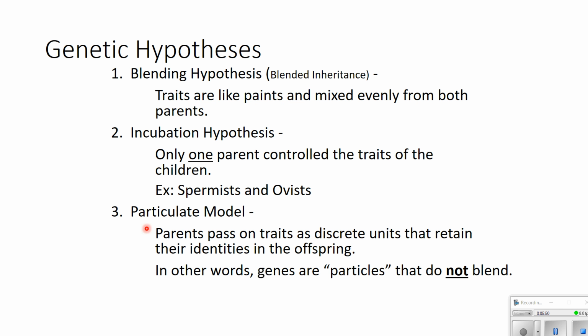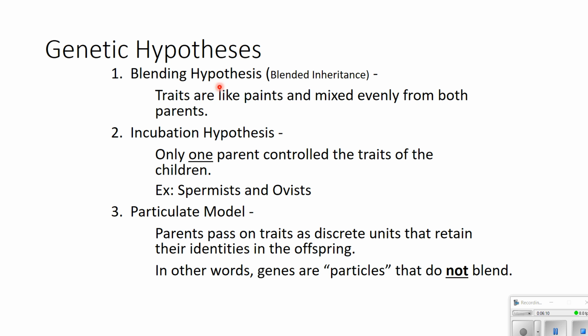Or if a black squirrel mates with a white squirrel, you're going to get a gray squirrel. And you can see why this hypothesis was popular, because it seems to be legitimate, at least in some situations. There are some problems with it, though.